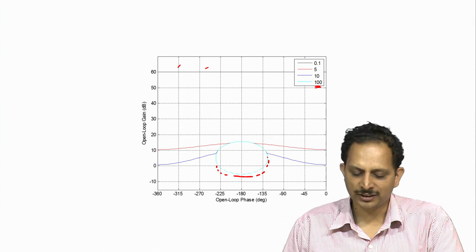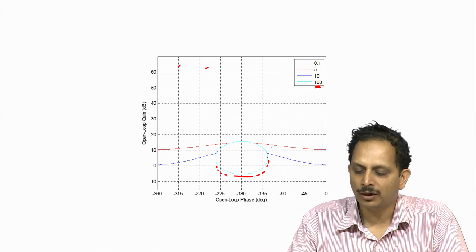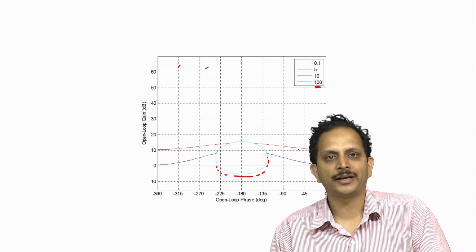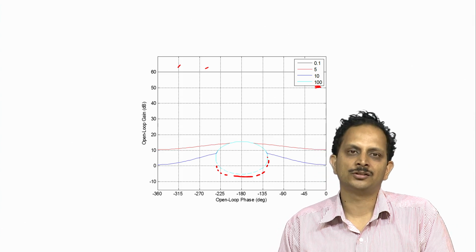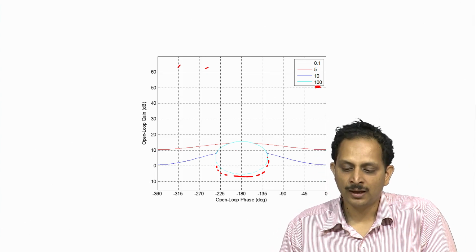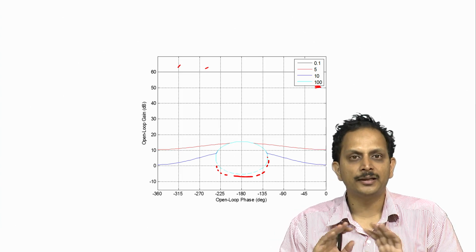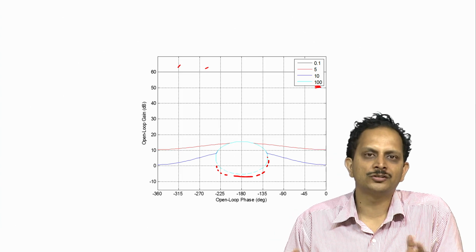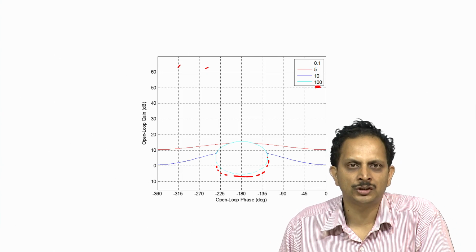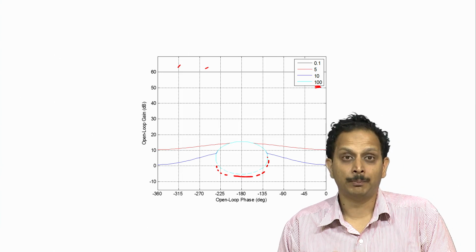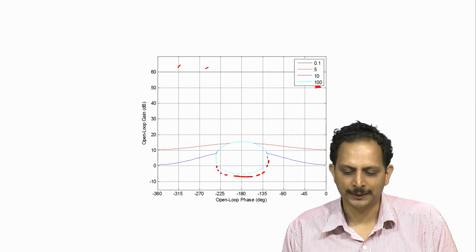At 10 radian per second it should lie above the blue colored curve for it to satisfy once again the stability and disturbance rejection requirements. At 100 radians per second there is no performance requirement because we are not concerned about disturbance rejection beyond 10 radian per second, but we are still concerned about stability.